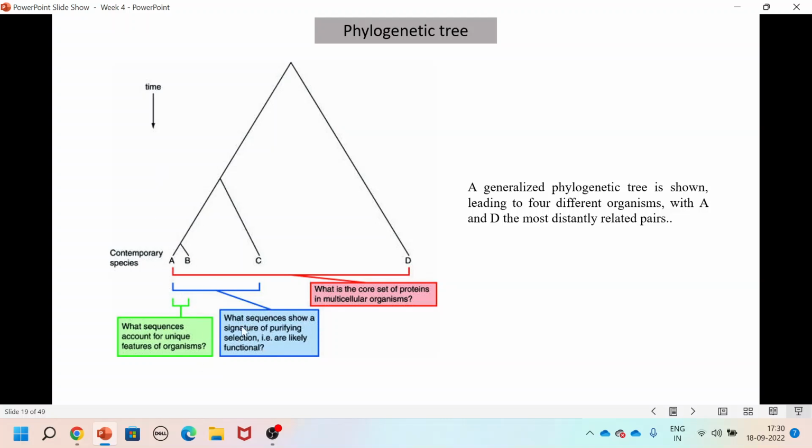Similarly, what sequences show a signature of purifying selection, that is, are likely functional, leading to the divergence at this level? And what is the core set of proteins in multicellular organisms, since all of these must have some common set of proteins that is similar to what their ancestors have?